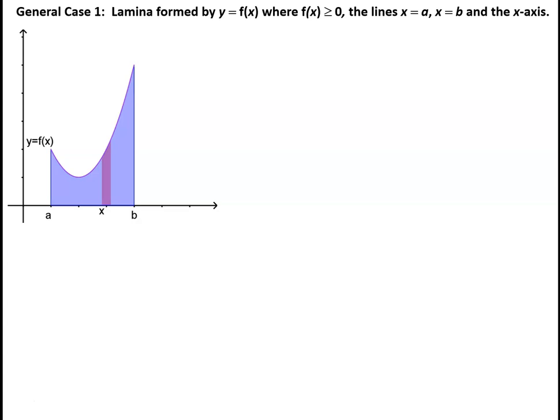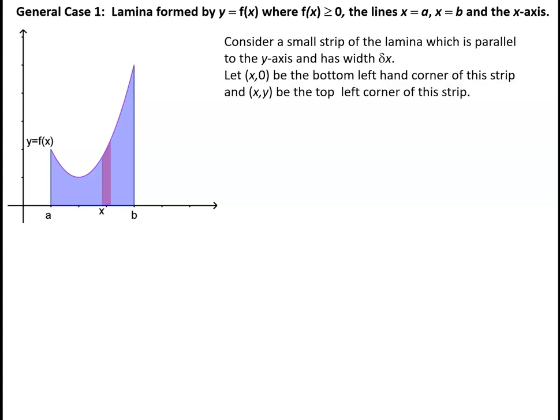Now, again, we're going to consider very much the same sort of process as we did before, but with no line of symmetry this time. So we're going to consider a small strip of the lamina which is parallel to the y-axis and has width delta x. We're going to have x, 0 be the bottom left-hand corner of this strip and x, y be the top left-hand corner of this strip.